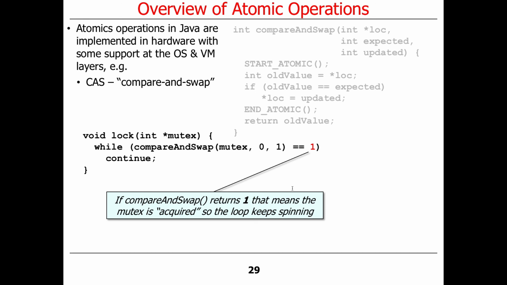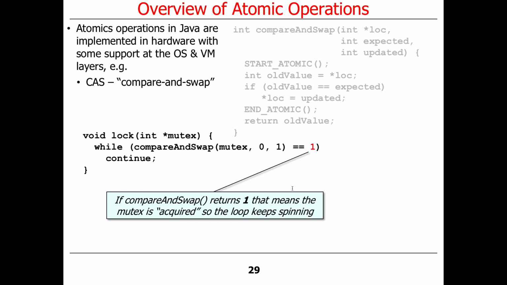As you can see, it stashes the old value. Whatever the current value is of the location, it stores that. Then it does the check, and no matter what it does, it always returns the old value. So the way to look at it is, if the current value is 1, locked, it'll return 1.